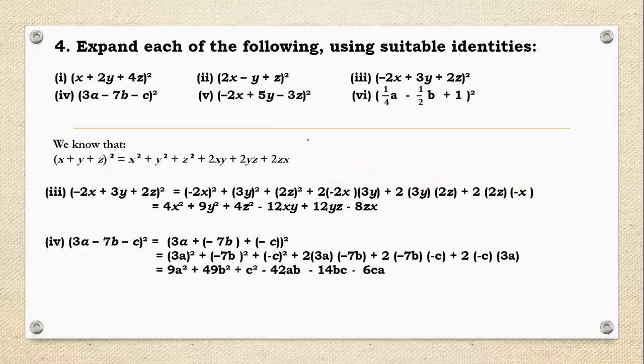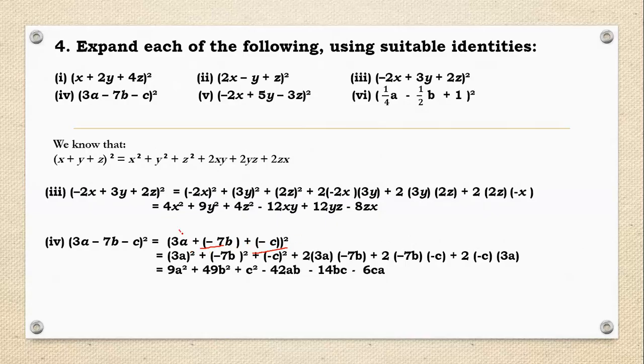The second and the third part again have been solved on the basis of the same identity, and all the parts are self-explanatory. You can understand on your own how it has been solved. Here it's very important to take care of the negative terms. Whenever you have negative terms, you put them in brackets and then rearrange, (x plus y plus z) whole power 2.